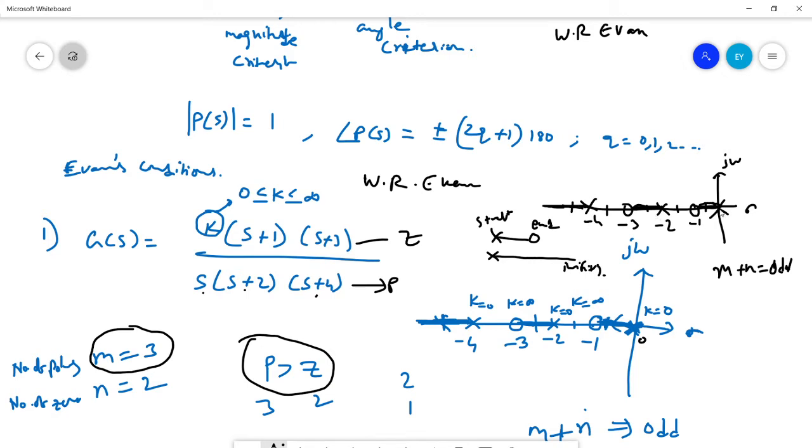This means the root locus starts at the pole at the origin and ends at minus 1. The second part of the root locus starts at minus 2 as a pole and ends at the zero at minus 3. And the third part of the root locus starts at minus 4 and ends at infinity.